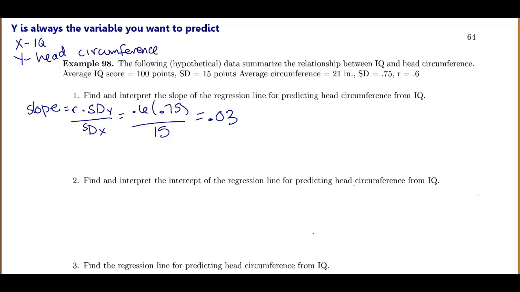Now we need to interpret it. To interpret the slope, we need to remember that slope equals rise over run. So in our case, we have a rise of 0.03 over 1. Or if you want, you could multiply top and bottom by 100. Because if you multiply by 100 over 100, you're really just multiplying by 1. So this just gives me 3 out of 100.